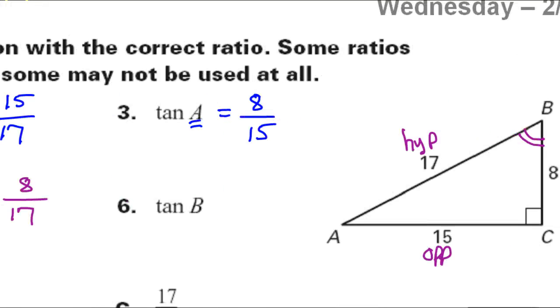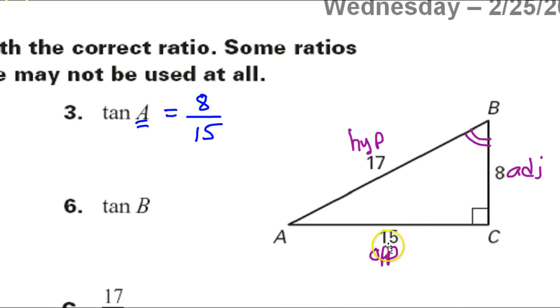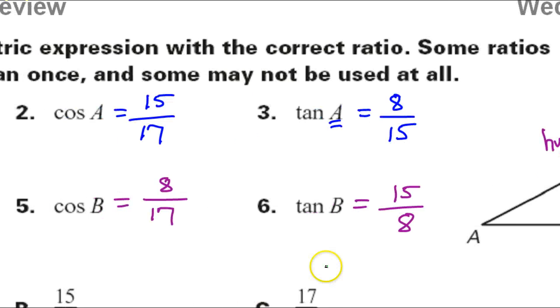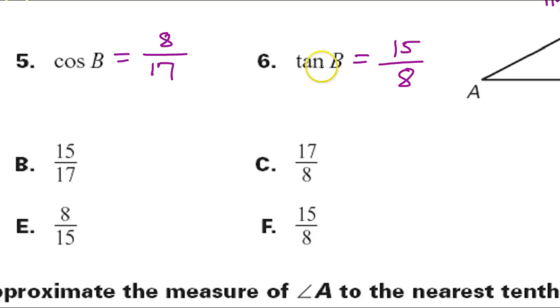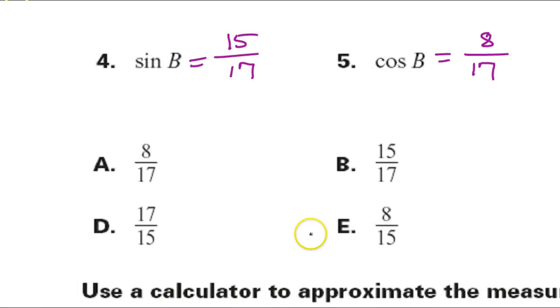And from angle B, opposite over adjacent, that's 15 over 8. Technically this was all matching, so I could have matched those to these answers, but you get it.